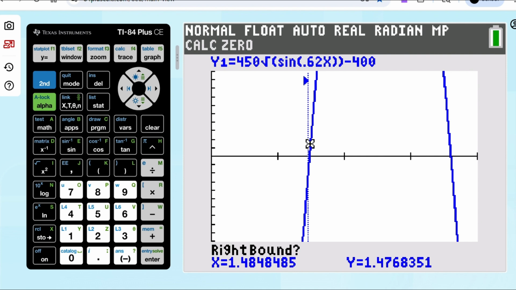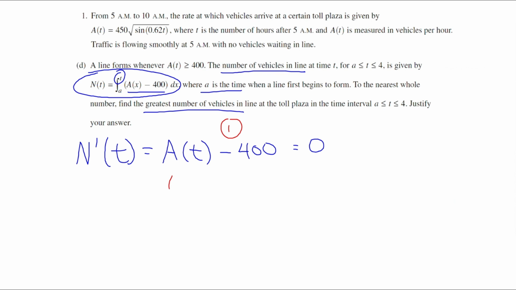Hit enter again. And when it says guess, we'll hit enter again. And we can see that we get our first t value of 1.4693716. So we'll put that in. This is true when t equals 1.4693716.